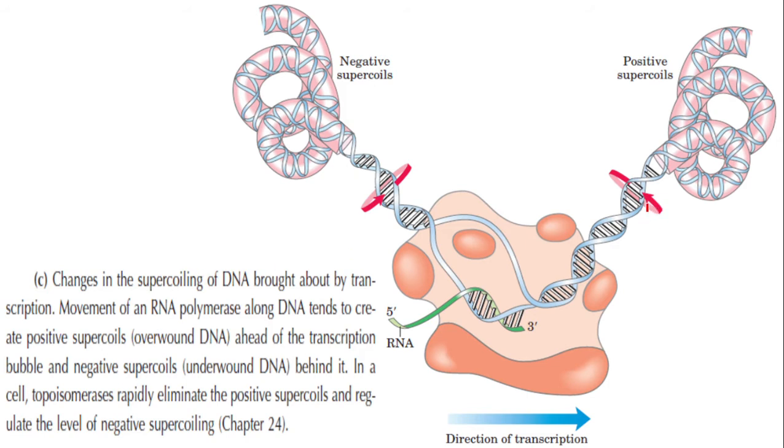Because of the unwinding, the DNA is turning in one direction. This is resulting in a positive supercoiling. When you come to the class, I will show you what is a supercoil, what is a positive supercoil and what is a negative supercoil. We can easily demonstrate it in a class. And behind the transcription bubble, when the DNA is coming back to the previous position, there will be a negative supercoil. Okay.